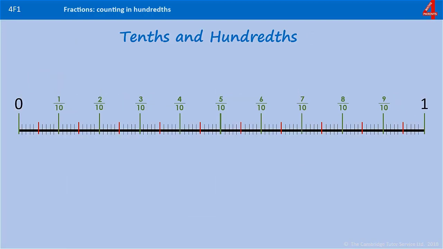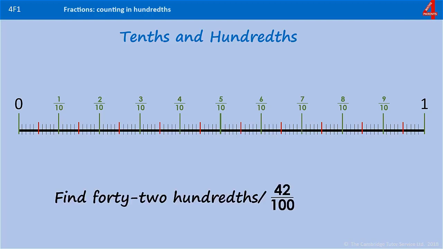So going back to this line here, if you were asked to find 42/100ths on a number line where you can see the tenths, the hundredths are there, they're between each tenth, but they haven't been marked. The best way to find these is to use what we learned previously. Remember, 42/100ths is 4/10ths and 2/100ths.